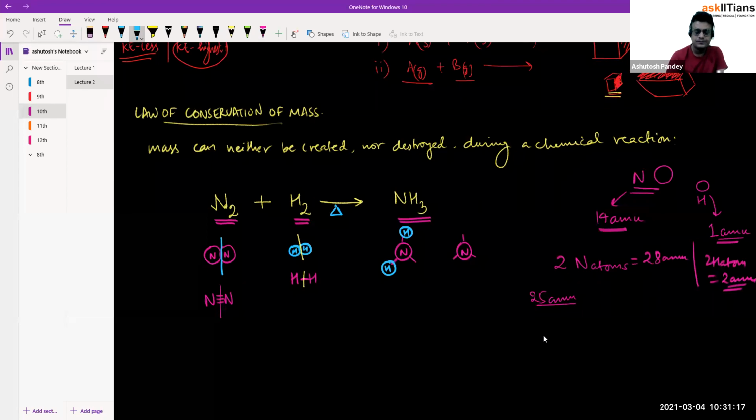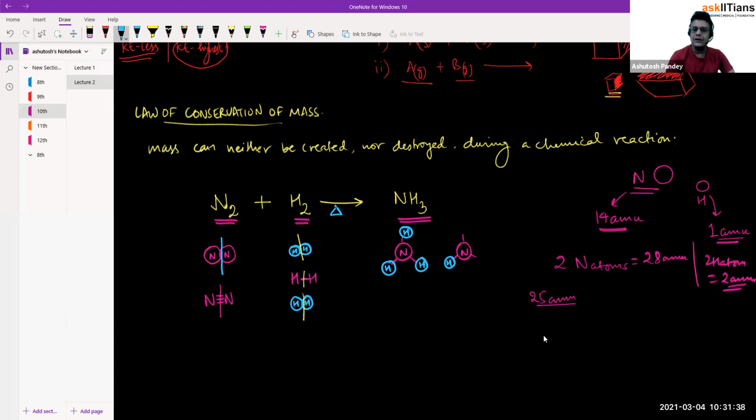So we are going to take another H2 molecule, and its bond is also going to break, so we'll get 2 more hydrogen atoms. One hydrogen atom is here, and one hydrogen atom at this location.